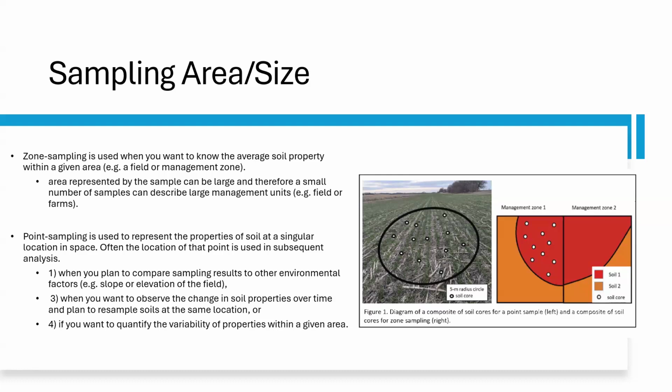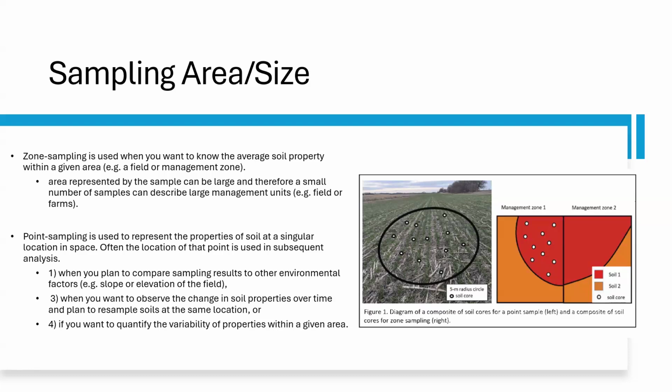If you're trying to look at changes in soil health over time, you may actually want to do point sampling, which is where you go to a specific area and you GPS that area so that you can go back to that same point and take a sample 3 years from now, right?